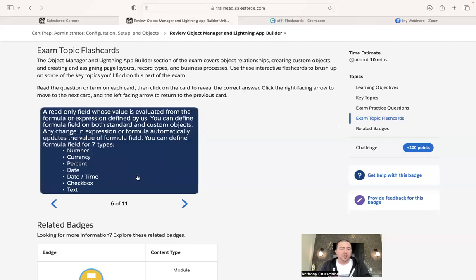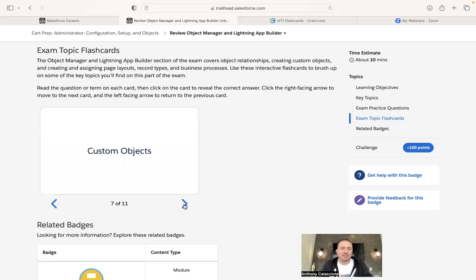Formula field. A read-only field whose value is evaluated from the formula or expression defined by us. You can define formula field on both standard and custom objects. Any change in expression or formula automatically updates the value of the formula field. You can define formula field for 7 types: number, currency, percent, date, date time, checkbox, and text.